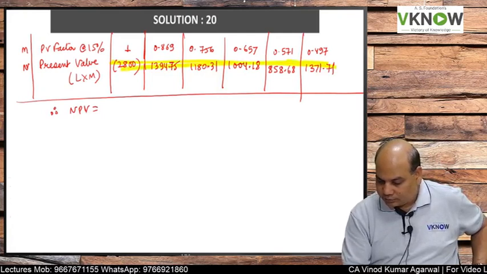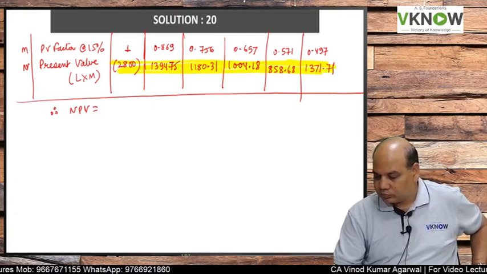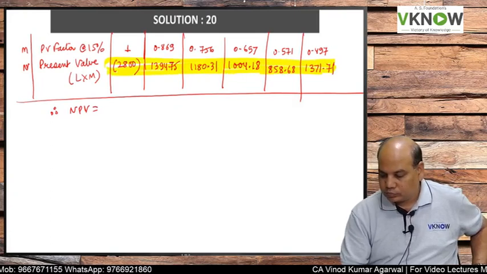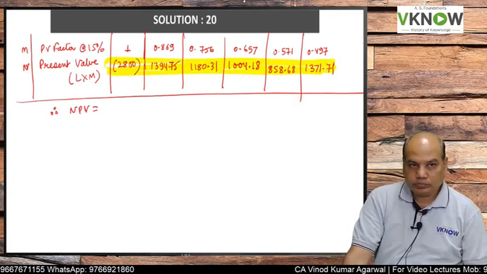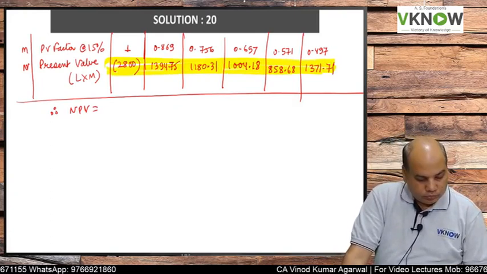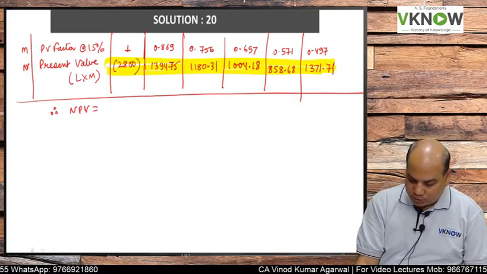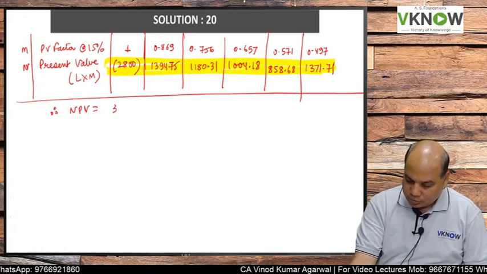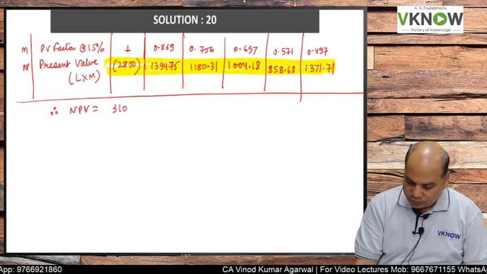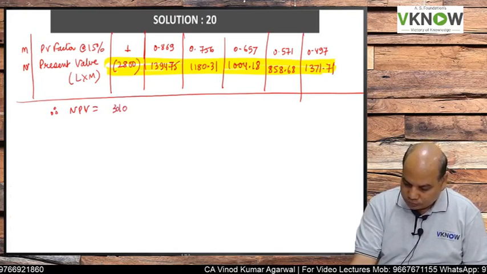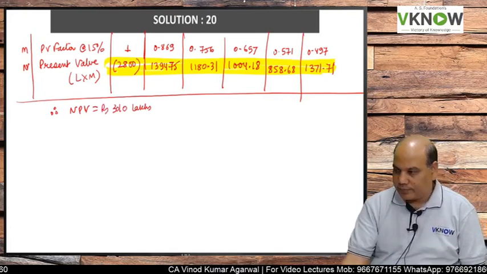Kindly add. NPV 3010. 3010 approximately. 3010 lakhs.